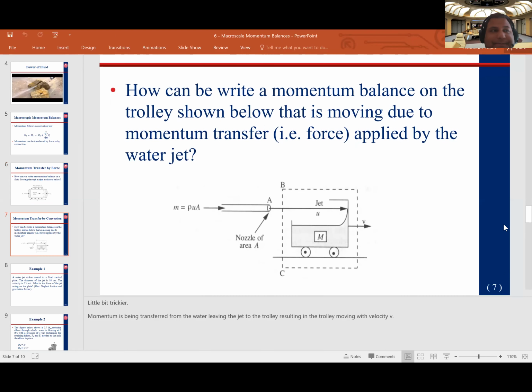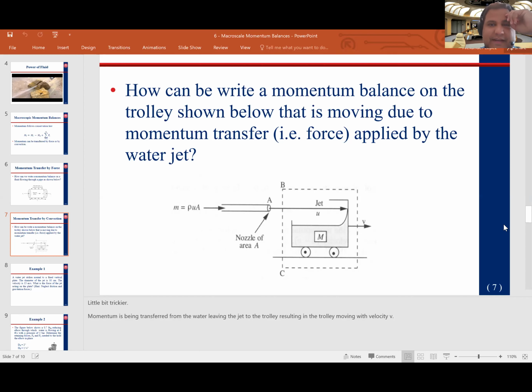We're looking at a little trolley, and a jet is being shot at this trolley, which is causing it to move at a different velocity v. So the fluid is flowing in at a particular velocity u with its mass flow rate rho u A, and it's causing this little trolley to move with a velocity v.